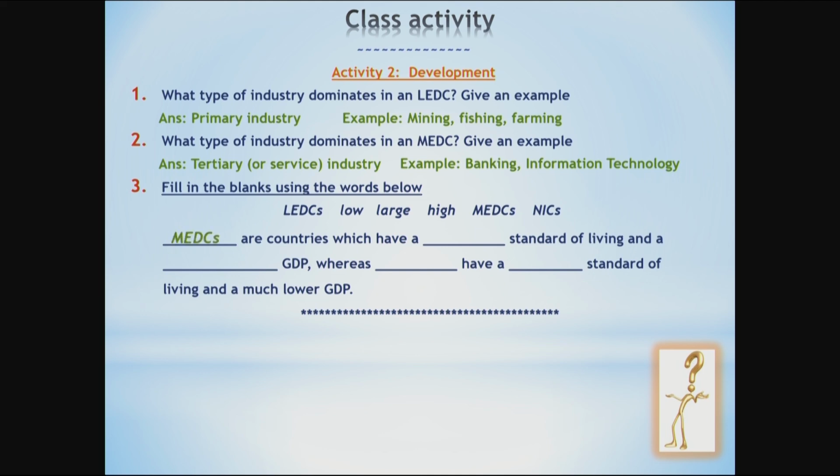On the first slide, it should be the first line. MEDCs are countries which have a high standard of living and a large GDP. Whereas LEDCs have a, very good, a low standard of living with a much lower GDP.